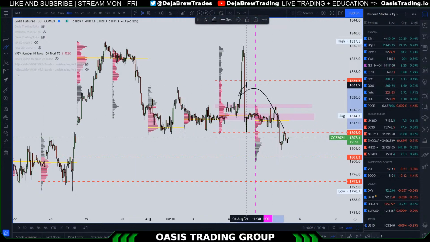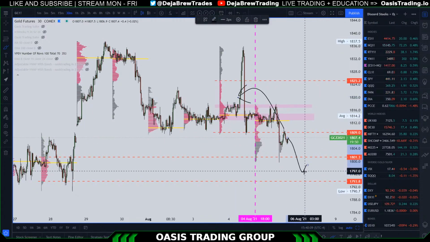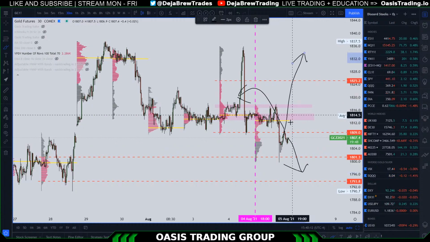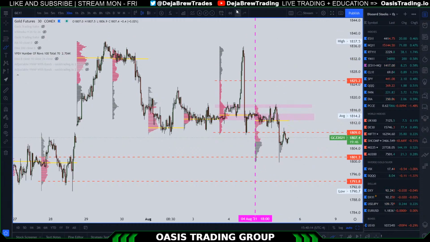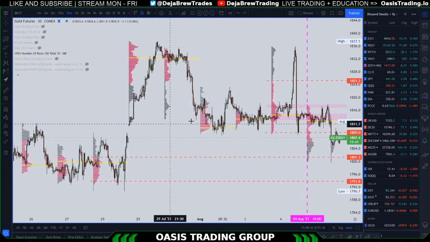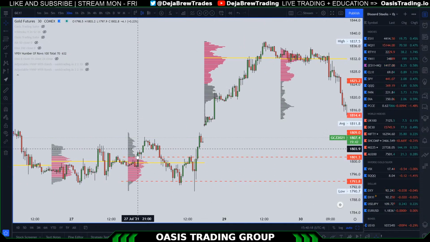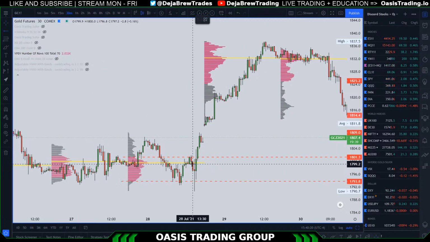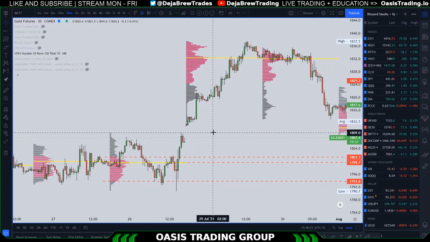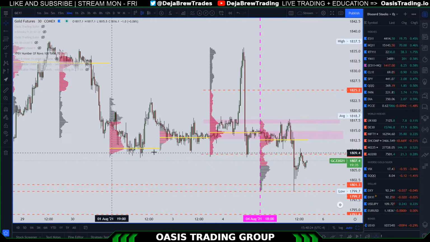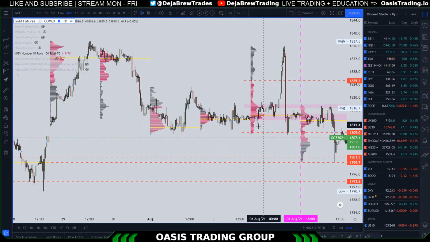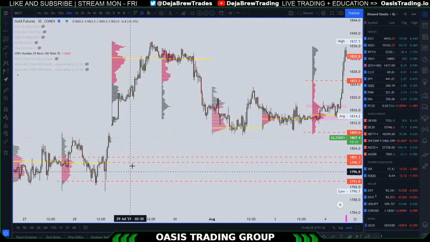Okay, so closest, one value down, one value up. We can grab this value area here, and the POC as well if we want. So we know that if we lose this range low, this support, these are the levels we want to pay attention to.